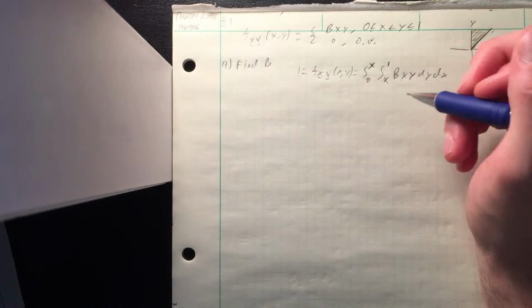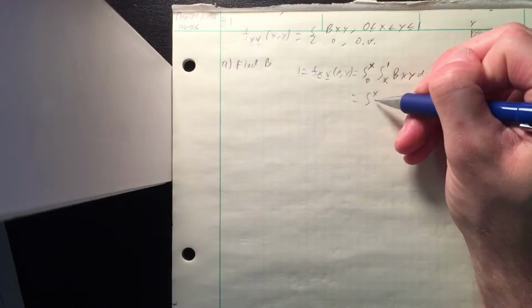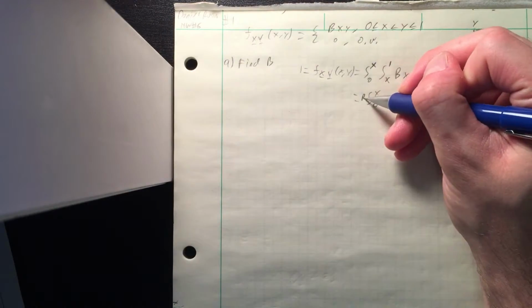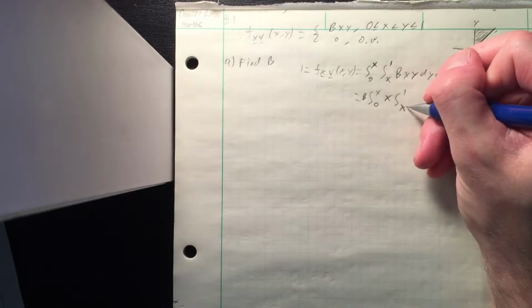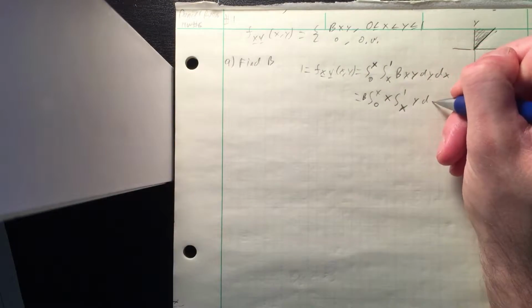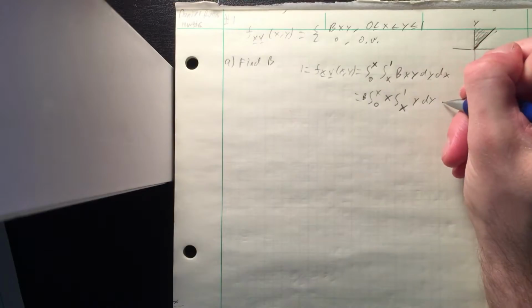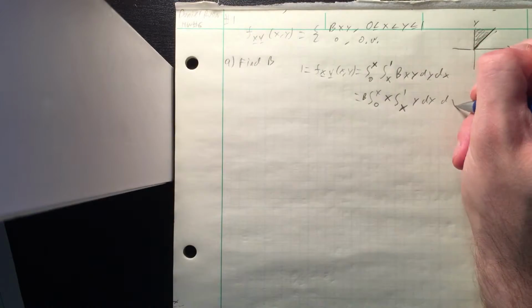So obviously we can manipulate this a little bit. With b and x outside, x here, y there, dy dx.